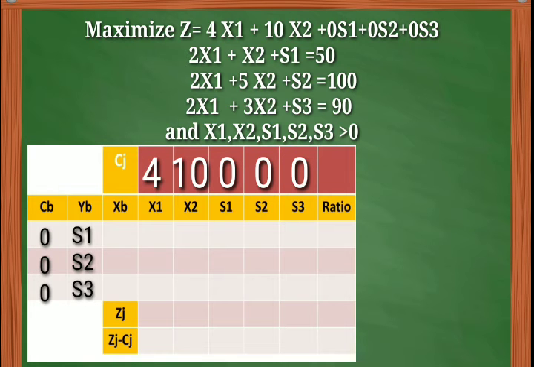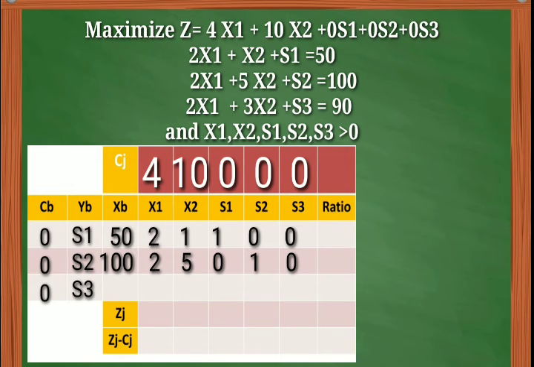Now in row 3, we write the first constraint, that is 50, 2, 1, 1, 0, 0. And in row 4 and row 5, write the second and third constraints, that is 100, 2, 5, 0, 1, 0, and the third constraint 90, 2, 3, 0, 0, 1.